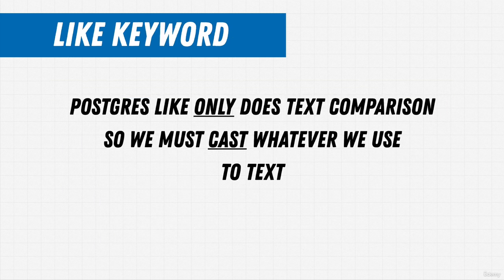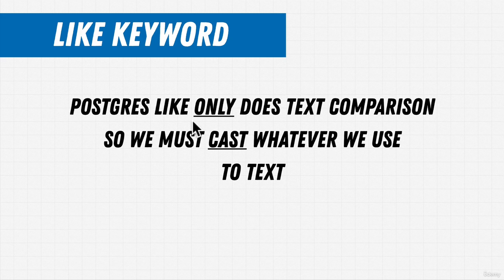So the like keyword. Postgres only does like against text comparison. So we must cast whatever we use to text. I hear you saying, Mo, what does this mean? Let's take a step back. When we look at our database, we have a lot of different types of data. We can store dates, we can store numbers, we can even store nulls, which are very controversial.